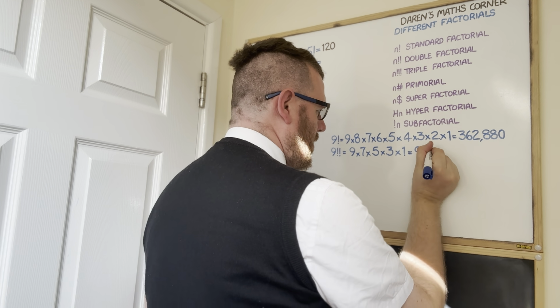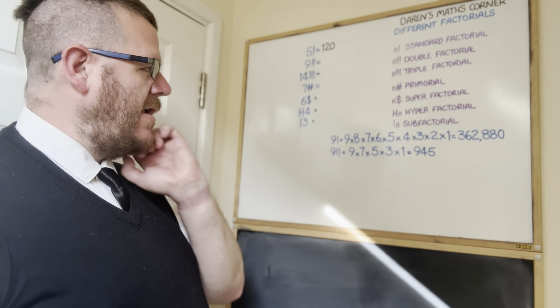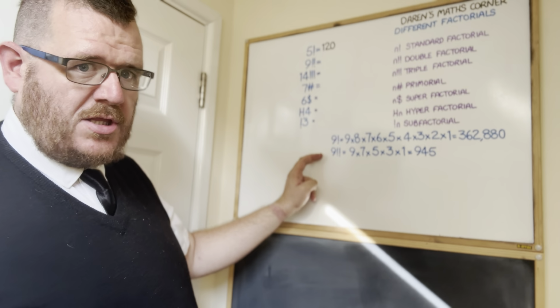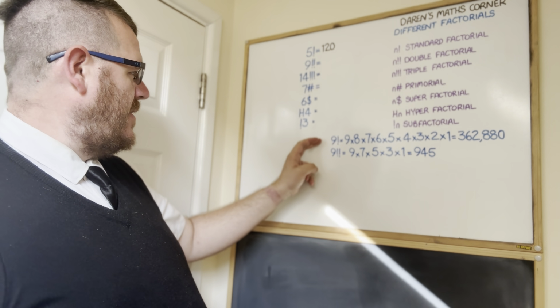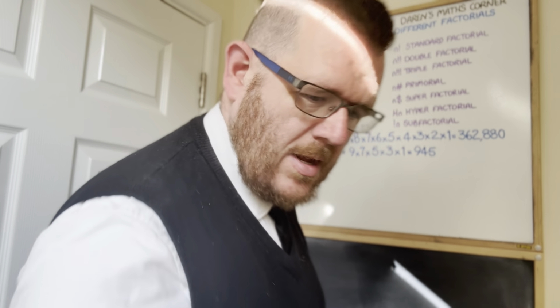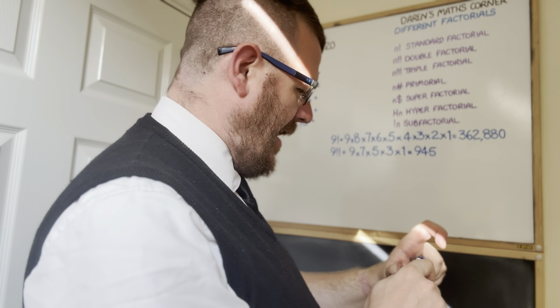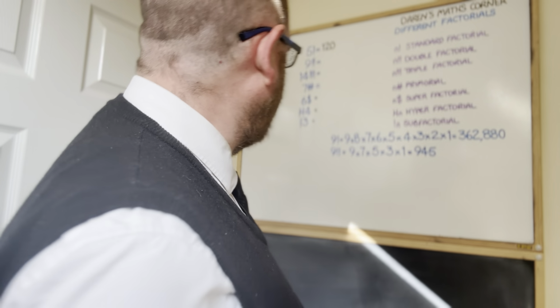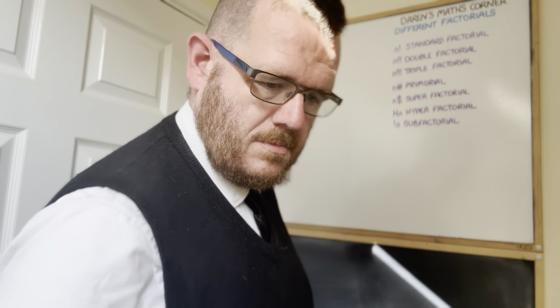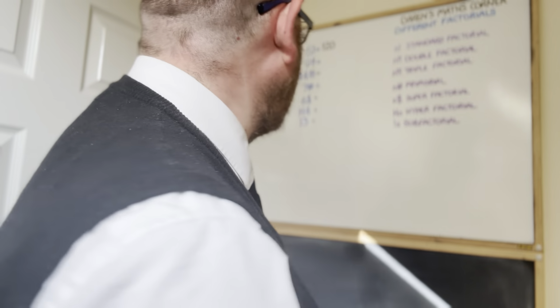Now you can see at this point that the number is a lot smaller when you do a double factorial than what it would have been if you do just a standard one. So 945 would be your answer there. So I'll put that in.